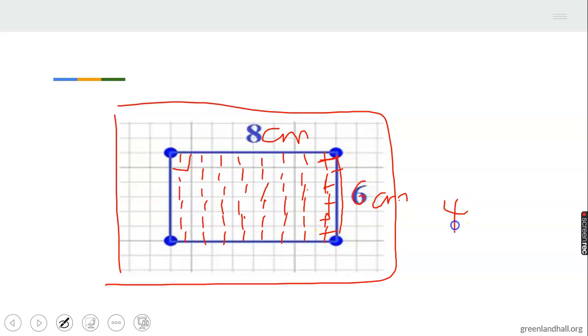Okay, we have 48 centimeter there, because we have assumed that one box represents 1 centimeter. So you have 48 centimeter there.